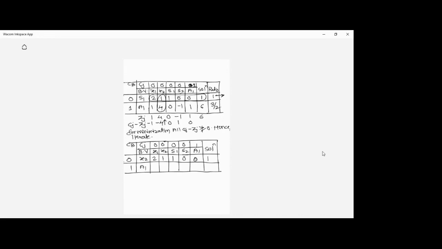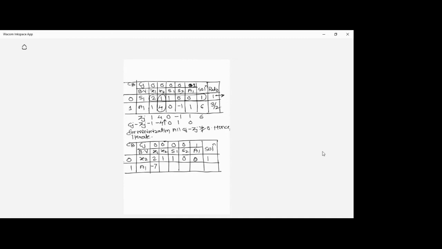Next, we have new values to be found for the non-key row. For the first value it will be 1 minus 2 into 4 divided by 1, and if you check, the value will be -7, right?